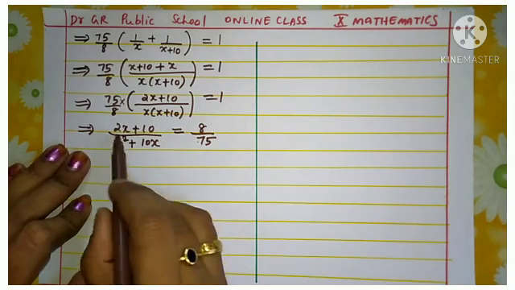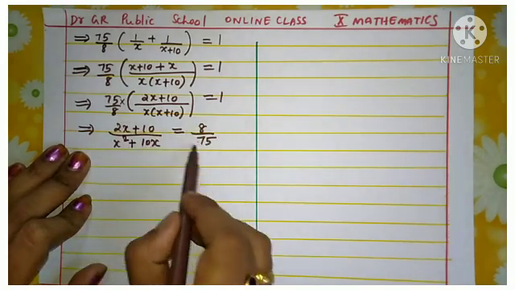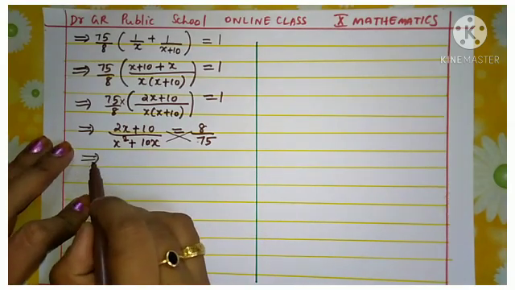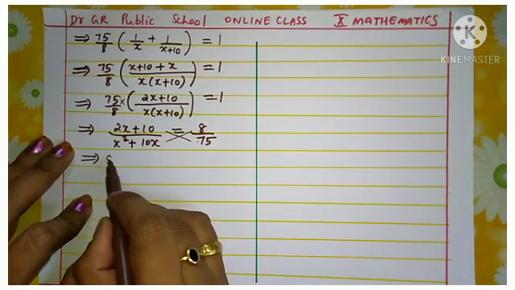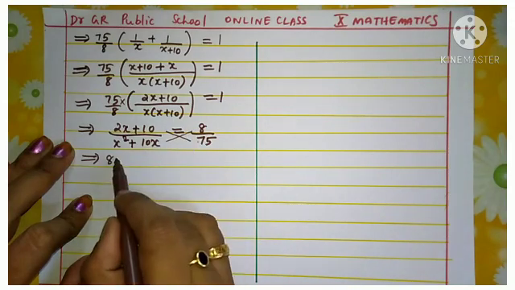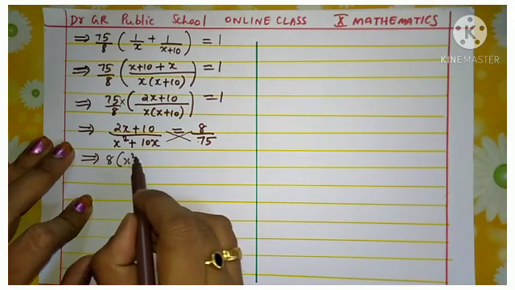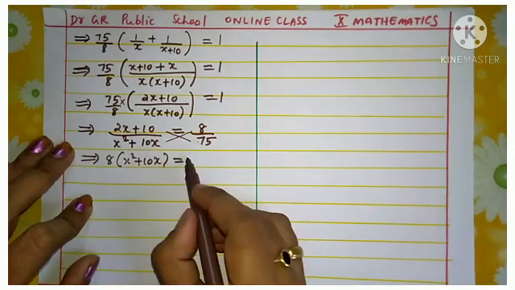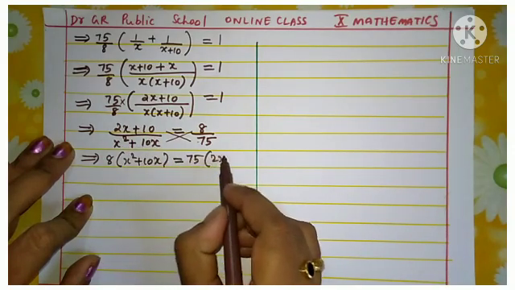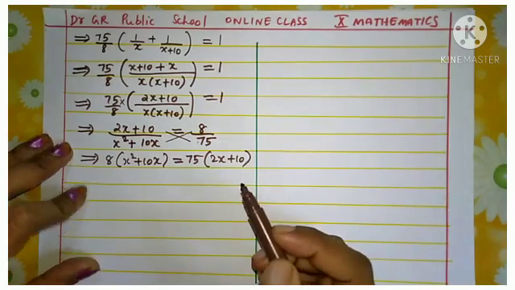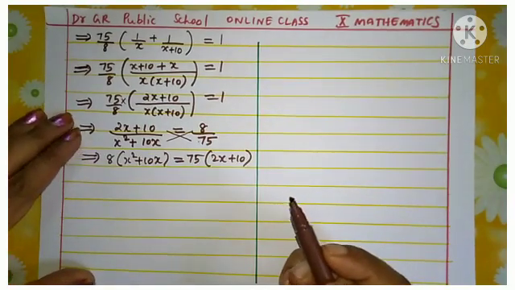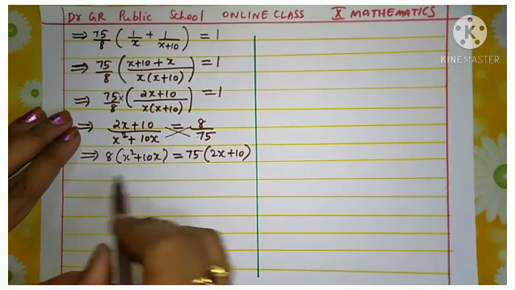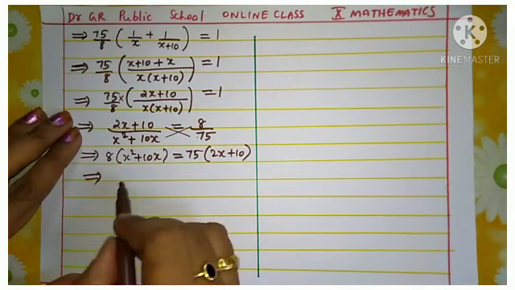Now what we are doing, here is a fraction, here is also a fraction, you can cross multiply. So this implies 8 into this term, x square plus 10x, is equal to 75 into 2x plus 10. Okay, all this we learned when we studied linear equations, how to simplify the equations.